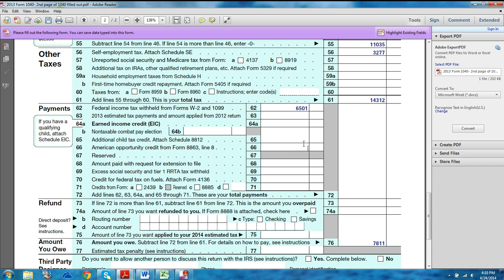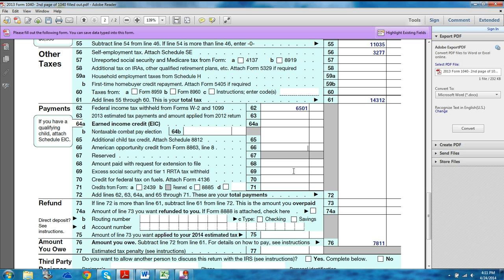Here's the second part of the education credit. This is just where if you extend and you make a payment, you would put that payment here. Excess Social Security, this is if you have W-2s from multiple employers, and you know you're only subject to Social Security up to a certain wage limit. But if you get wages from 10 different employers, none of them know who else you're employed by and how much money you're making.